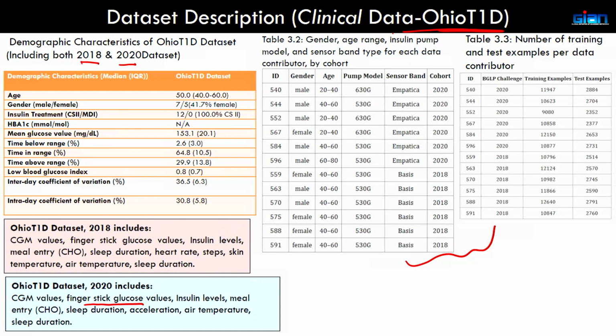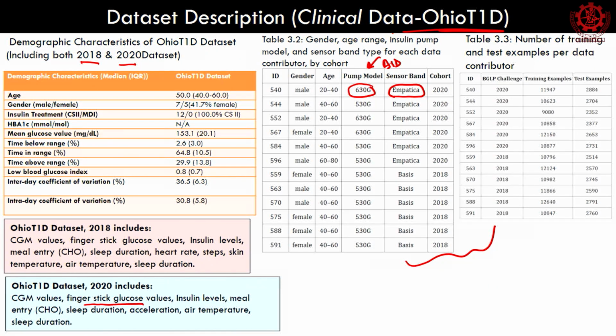Here you can see they are using the automated insulin delivery device. This pump 630G is an insulin pump, and then they use different sorts of sensors. This Empatica is a wearable band, like we have Fitbit, Google, different bands for monitoring physical activity. Empatica is a much more advanced band which not only gives your heart rate, and nowadays you have these Whoop bands that people are using, right, for physical activity.